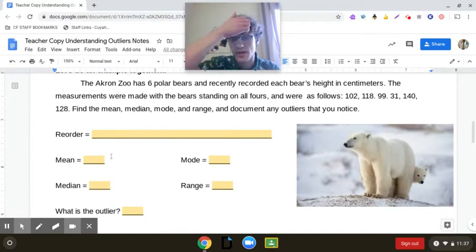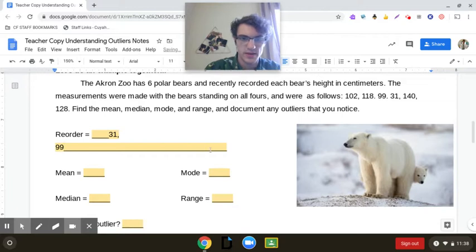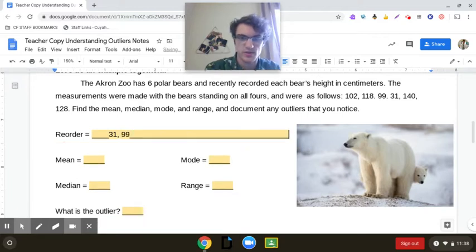So this is just like what we were doing in the assignment I posted on the 22nd of April, last Wednesday for me. We're going to start by reordering. We're going to go from least to greatest. So the lowest is going to be this 31. Then is going to come this 99. My picture has screwed things up, so I'm going to get rid of a lot of this.